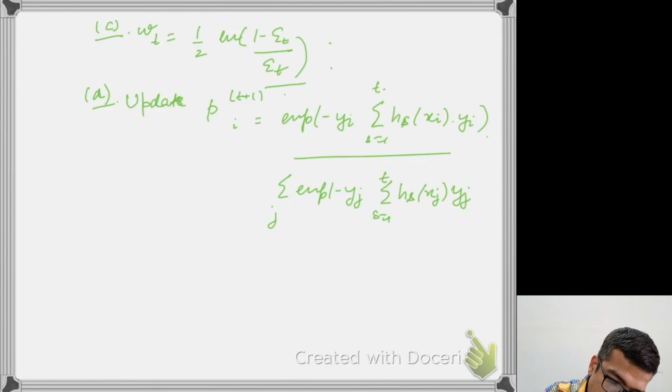Oh, sorry, y_j is already there. So this is sum over s, right? So this is h_s(x_i) times w_s. So the sum of h_s w_s is the current hypothesis, and similarly for the denominator.